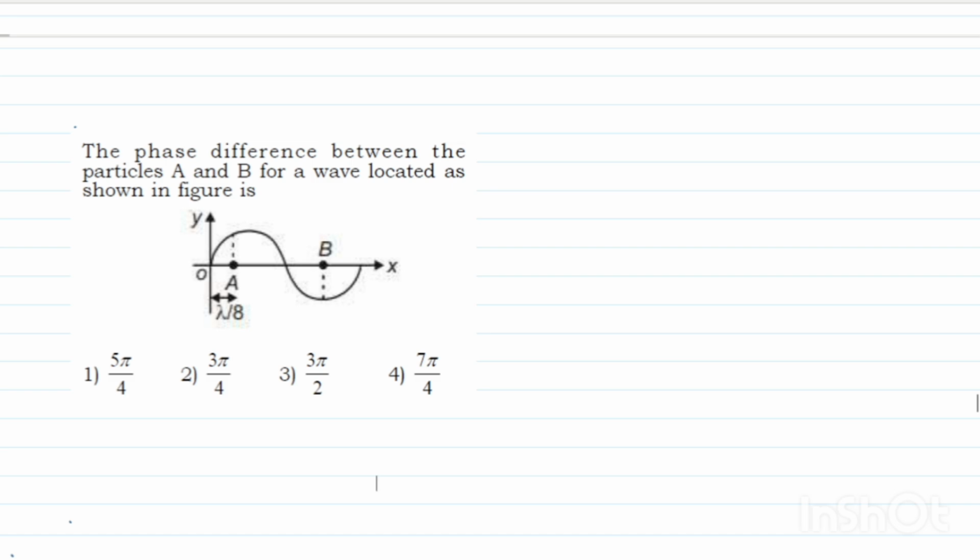The phase difference between the particles A and B for a wave located as shown in the figure, they are asking. First you just calculate the phase difference, students.